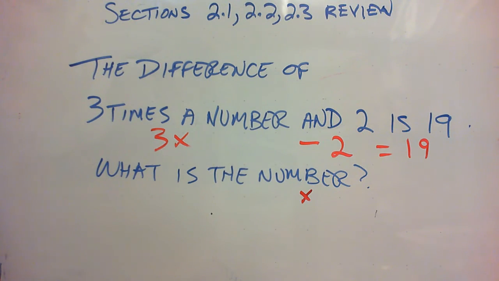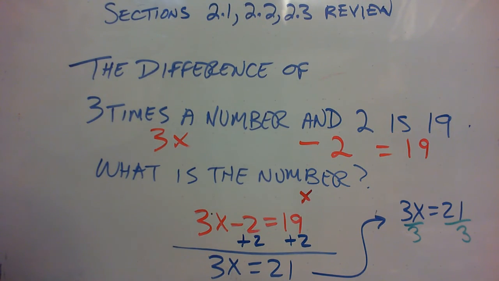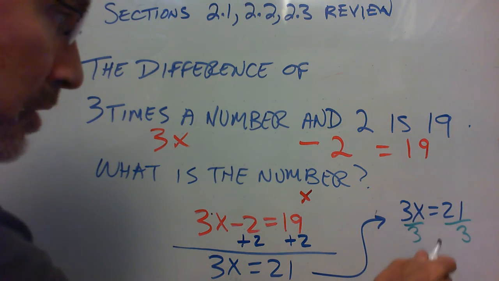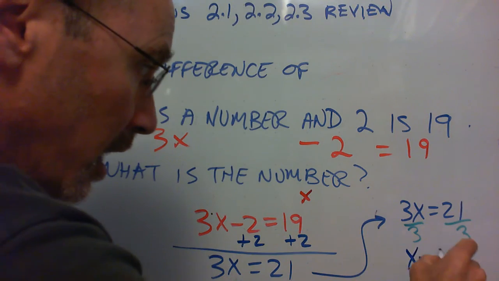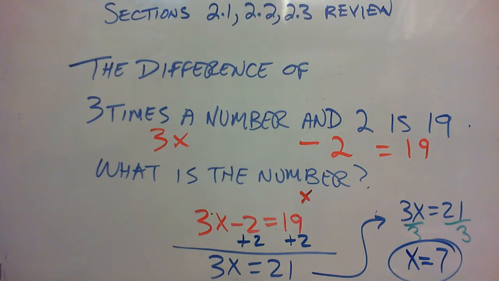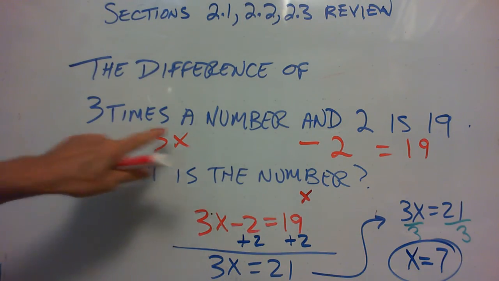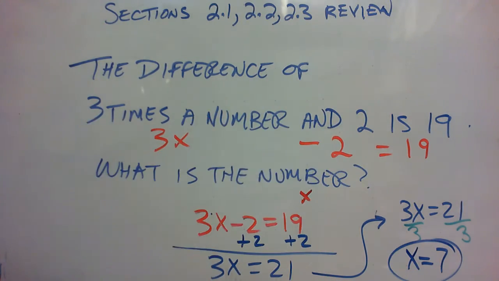So that's our equation. And it's a pretty easy equation to solve. Add 2 to both sides. 3x equals 21. Divide both sides by 3. x equals 21/3, which is 7. And we can check that out. 3 times 7, 21, minus 2 is 19.